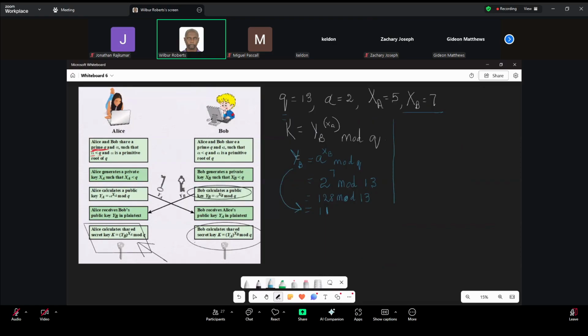Good? So then we could substitute that into here. The secret key K is YB to the XA mod Q. This box here.